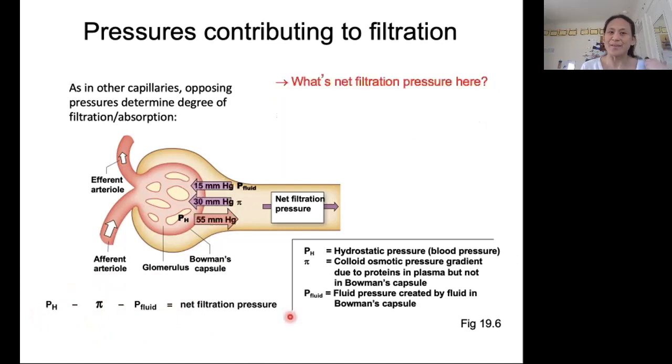So guess what you're going to do next? Let's have you do a practice question. These are our typical pressure values for P H, pi, and P fluid. See if you can calculate the net filtration pressure here. So go ahead and hit pause and do that calculation.